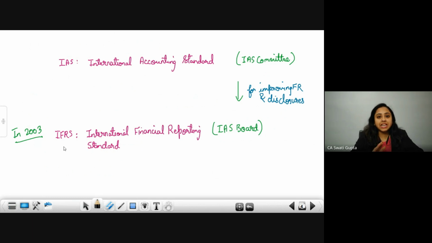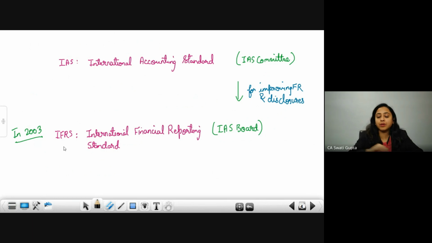What happened? In India, we also found the requirement of global standards, global reporting. Because, as you know, nowadays cross-boundary transactions are super normal. The markets are so free that the boundaries are not restricting anymore.